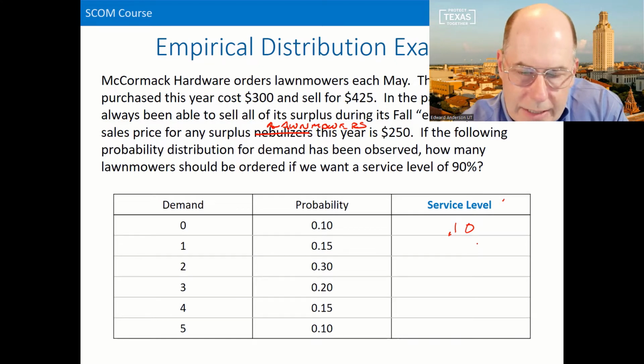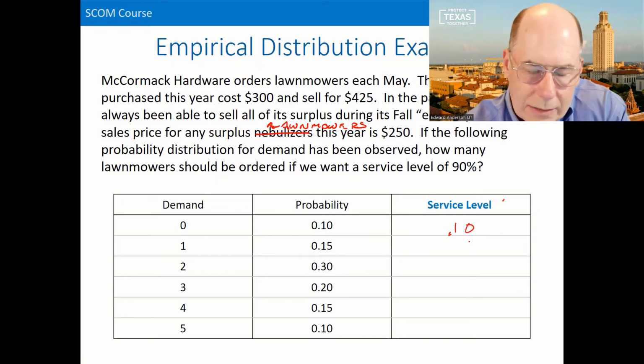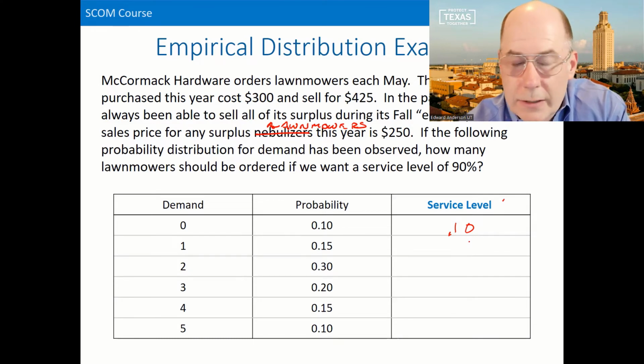Now, if we, on the other hand, set our order quantity to 1, well, service level would be, if one person comes in, we're okay. If 1 customer comes in, we're okay. If no customers come in, we're okay.